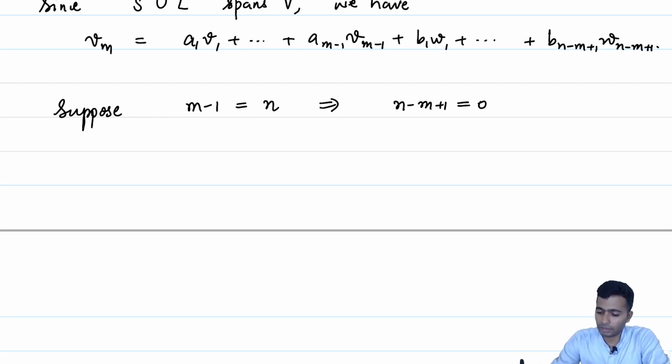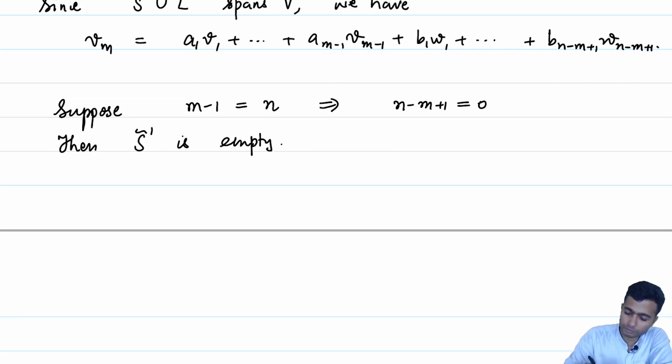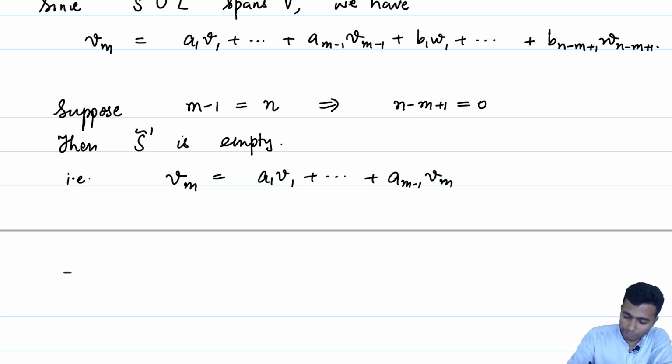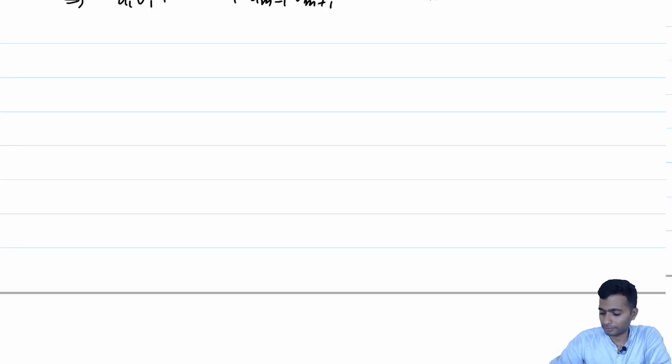That would mean that the set S tilde prime, w1, w2 up to w n minus m plus 1, is empty, i.e. Vm is equal to a1 v1 plus dot dot dot up to a m minus 1 Vm minus 1, which would imply that a1 v1 plus dot dot dot plus a m minus 1 Vm minus 1 plus minus 1 times Vm is equal to the 0 vector.